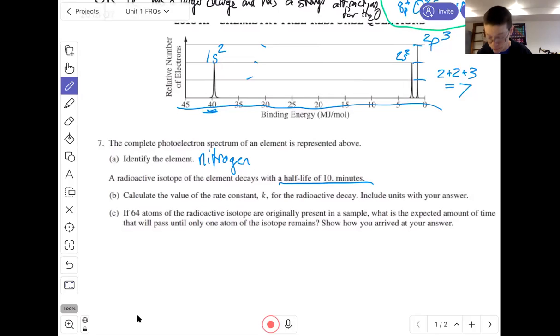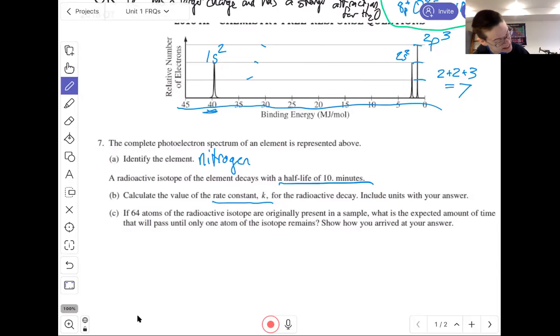And then it asks for the rate constant k, including your units. So on your equation sheet, scan and see if you can find something that says half-life. Found it, at the bottom next to kinetics. What does that equation give you?